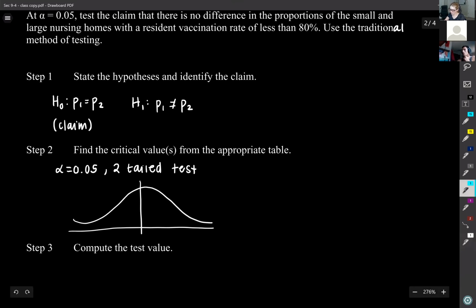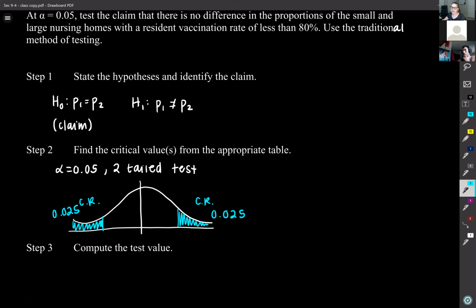So let me draw that really quick. Right now we're drawing our critical regions here. This is our critical region, this is our critical region. We know between the two of them, we want to have an area of 0.05. So that means that in each of them, we need an area of 0.025. If you remember how to do this, we have to go to our table.